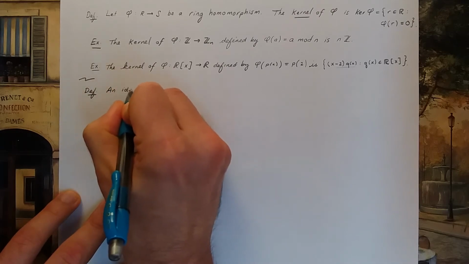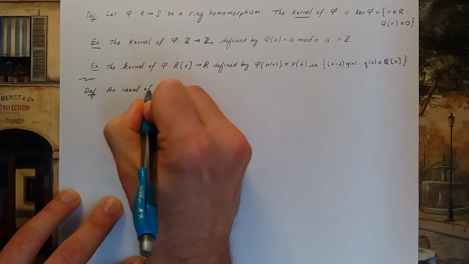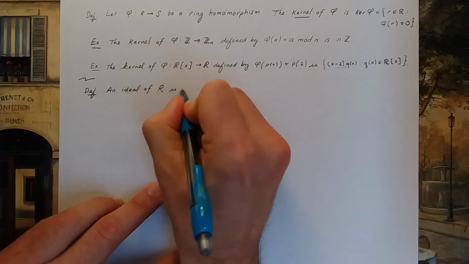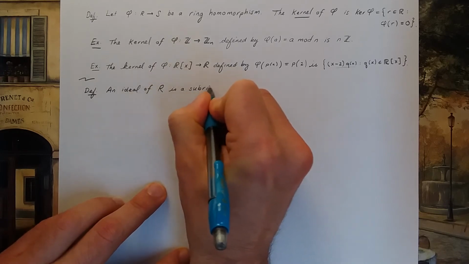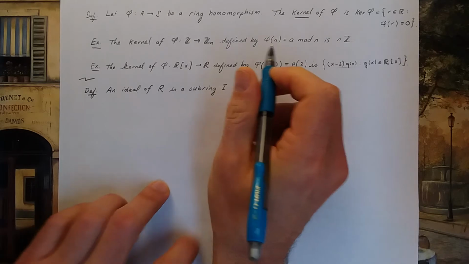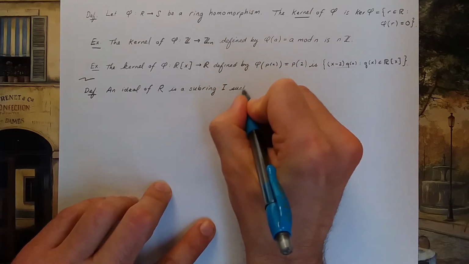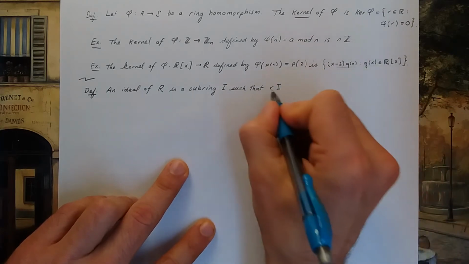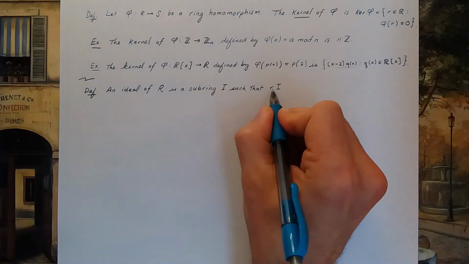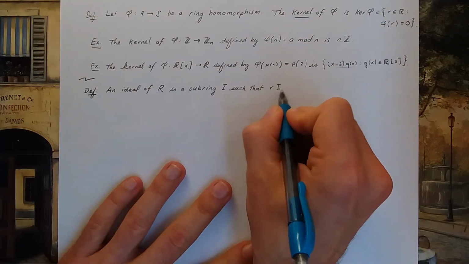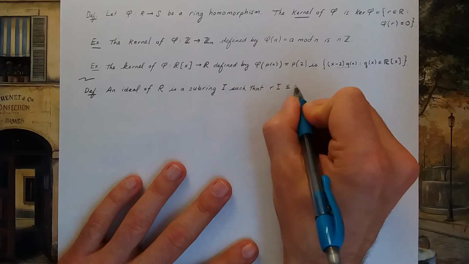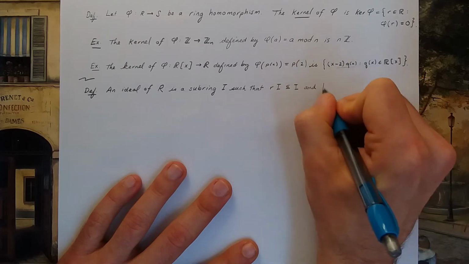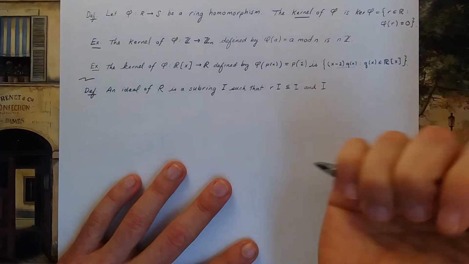So an ideal I of R, where R is a ring, is a subring I such that Ri, that means you take an element r in the ring and multiply it by every element in I, has to be a subset of I, and your ring may not be commutative, so order of multiplication might matter.